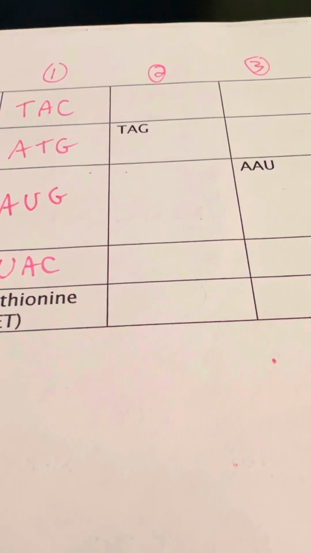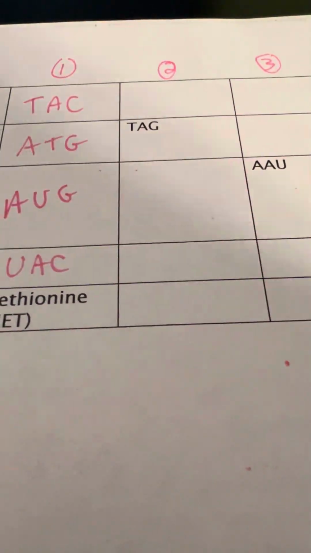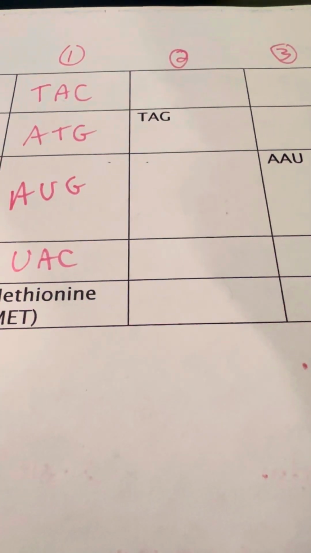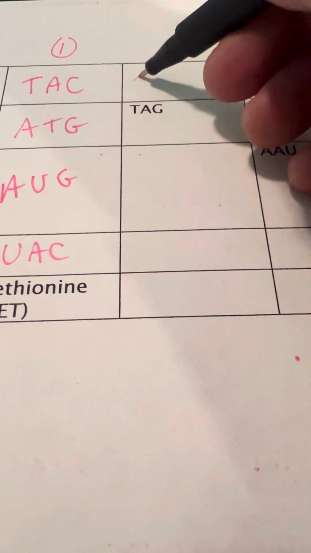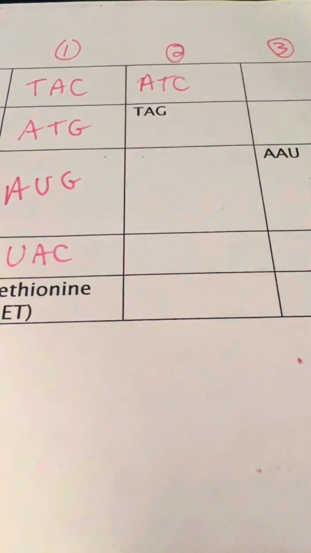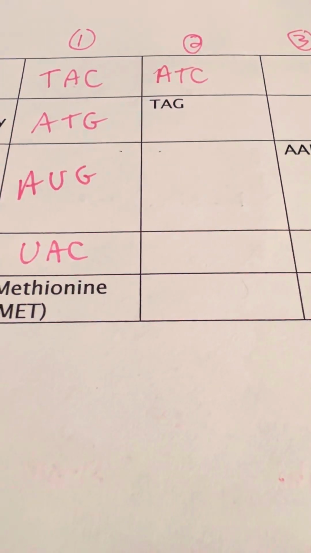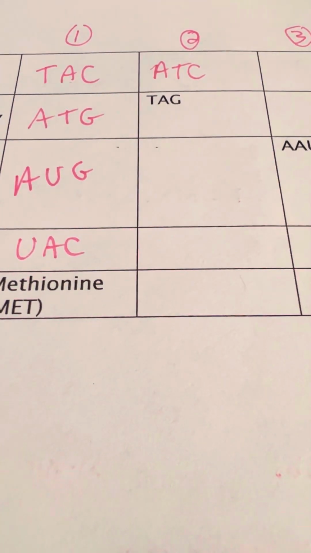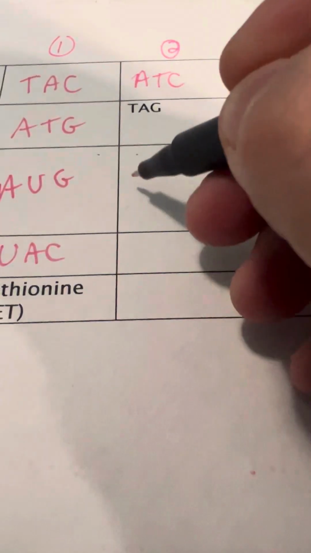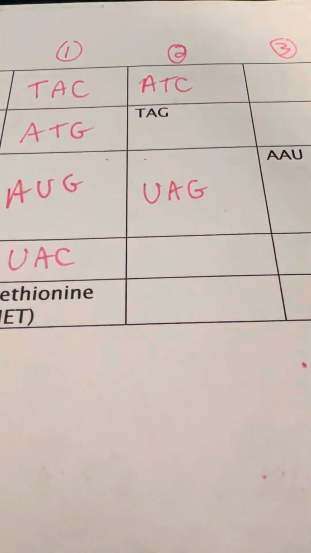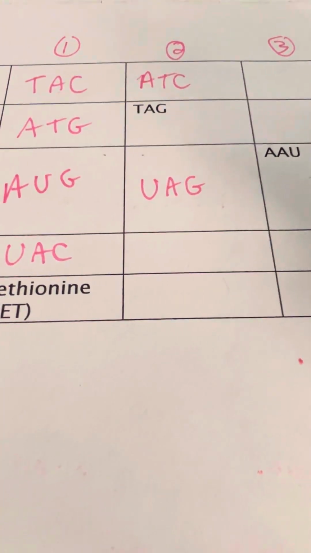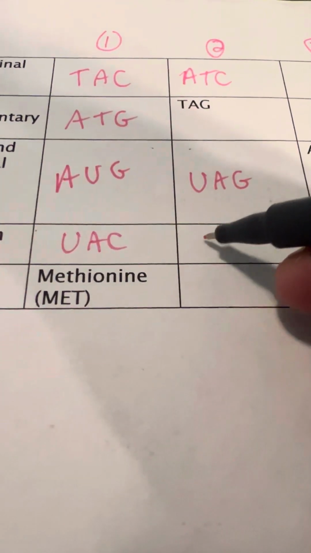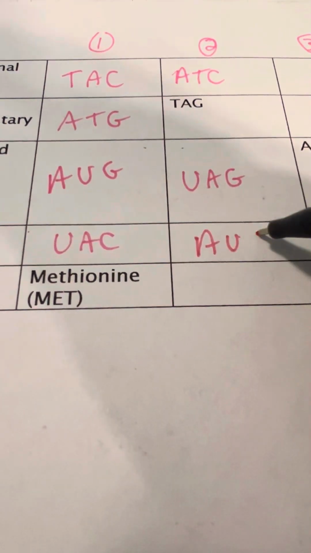This time they're giving you TAG for the complementary strand. The only thing you can do with that is turn it into the original strand, which would be ATC. Once you have the DNA original template, then you can do the rest, because the DNA original template will give you the RNA, so that would be UAG. Then the complementary of that is AUC.